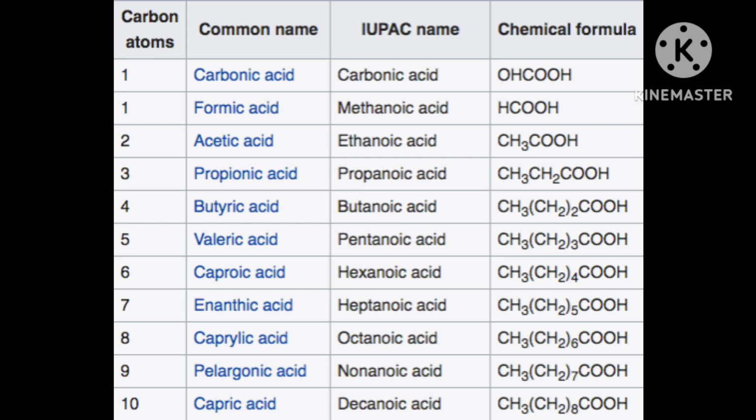Hence in propane, 3 carboxyl groups are attached. Then the name will be very simple: because it was 3 carbons, it is propane, and again 1, 2, 3 tricarboxylic acid.